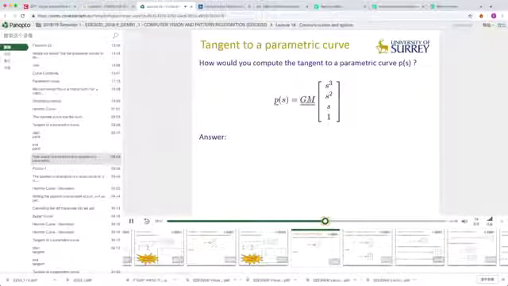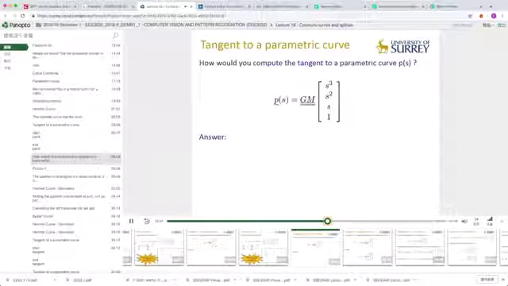Would G change? No, because there are no S's in G. Would M change? No, because it's just constant. Would Q change? Yes, so what would Q change to? Oh, I remember differentiation. It's that thing I did at school. It's 3s squared, 2s, 1, 0.